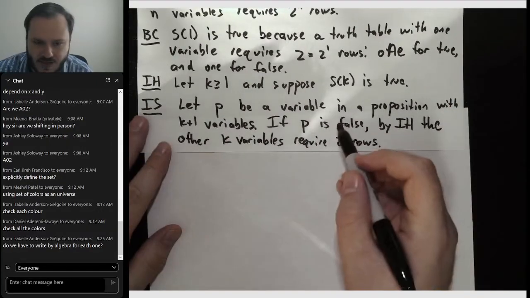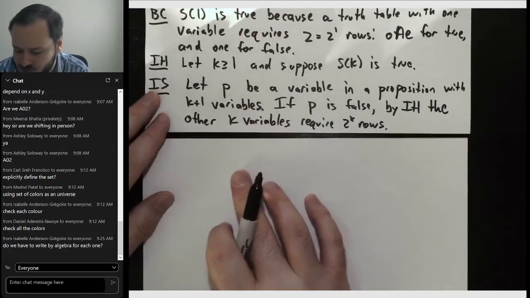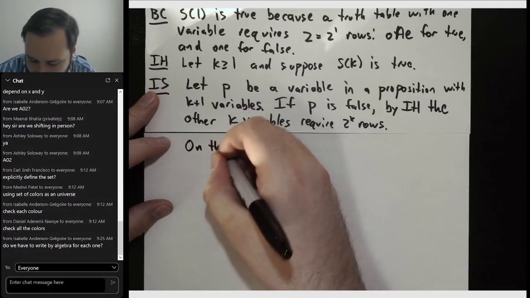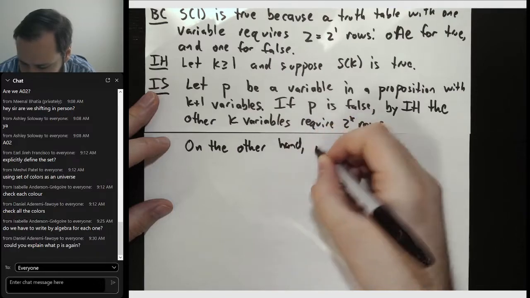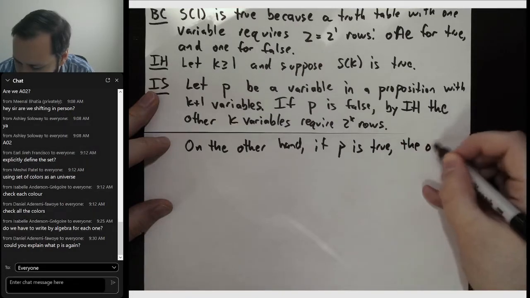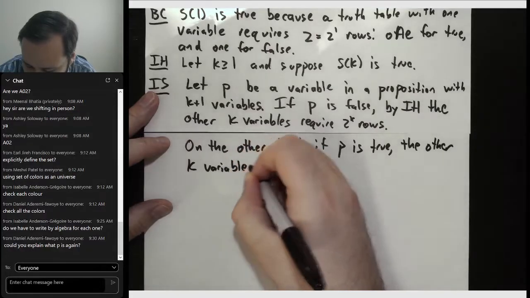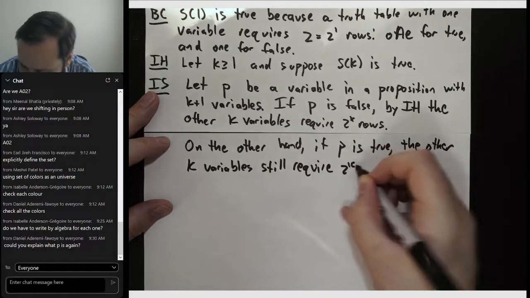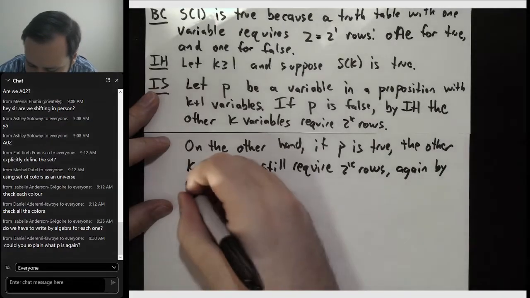Because if I fix a value for p, it's no longer a variable. That means there are only k variables, and I know how many rows I need. On the other hand, if p is true, the other k variables still require 2 to the k rows, again by induction hypothesis.